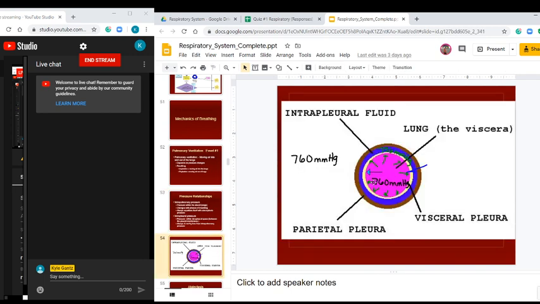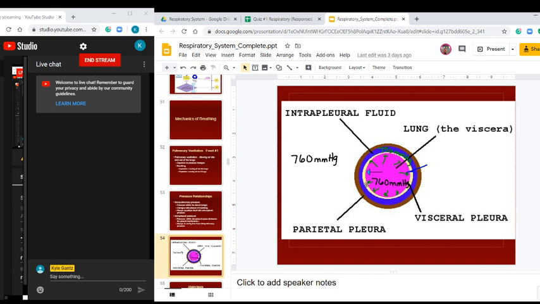So we have the intrapleural fluid. Pretend this is the lung. It's a circle, but it's a lung. The parietal pleura is the lining of the cavity that the lungs are sitting in. The yellow line is the visceral pleura, the membrane that is on the lung itself.